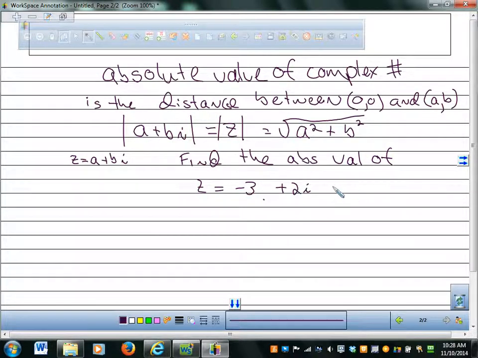What's that equal to? The square root of negative 3 squared plus 2 squared, which is equal to the square root of 13. Questions? That's it. No i, because it's really just the length of the vector that would connect that point to 0, 0.